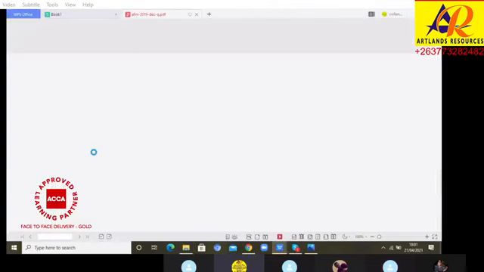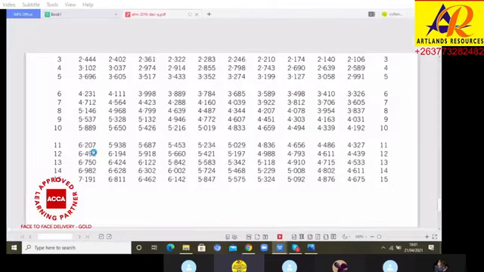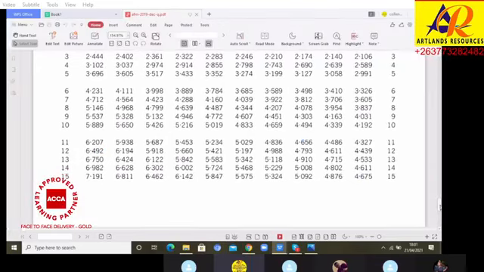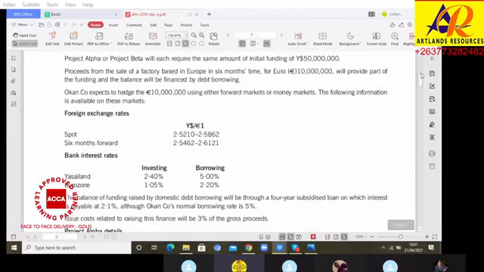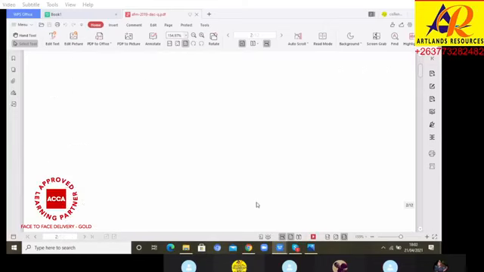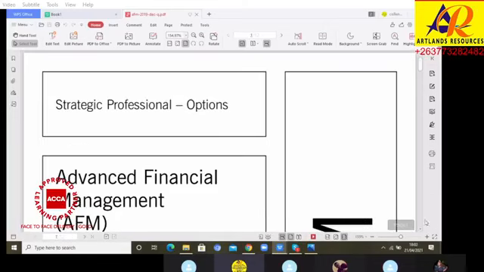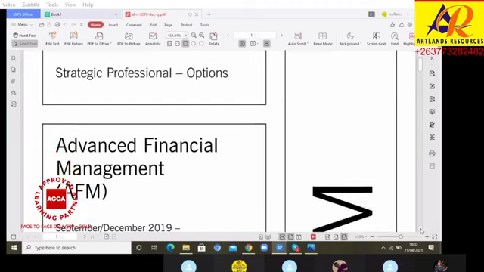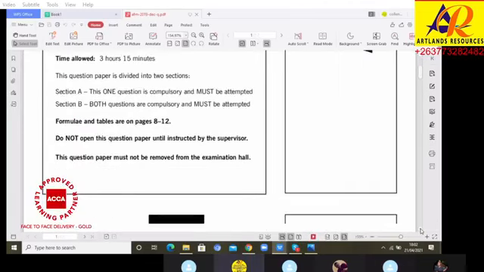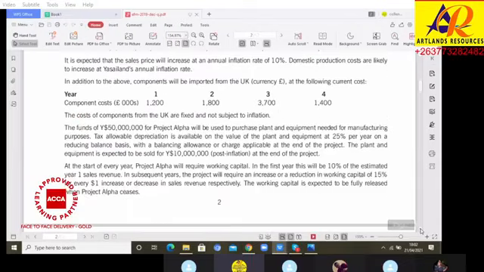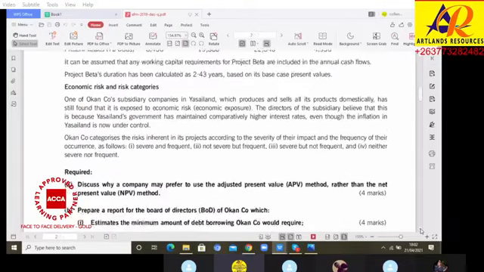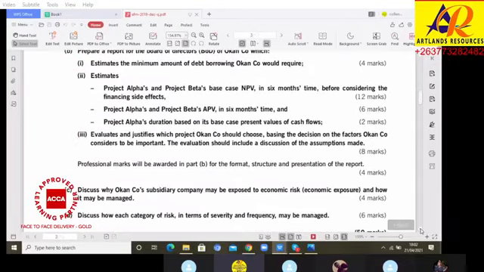We are not necessarily answering it here, but you'd notice this is the paper where I took the question on APV. Sorry, is this the paper? September, December 2019? Yes, that's the question where we had APV.